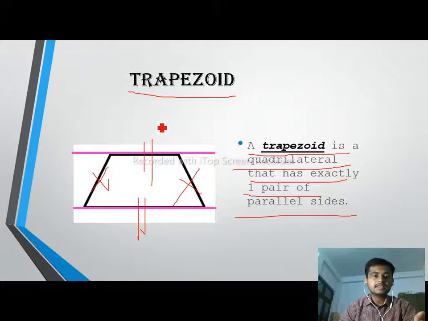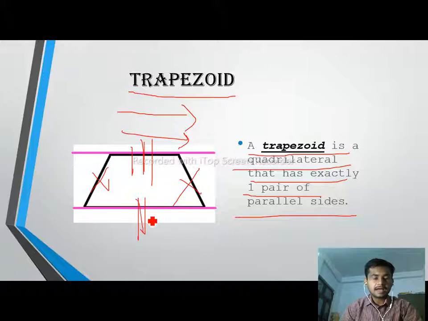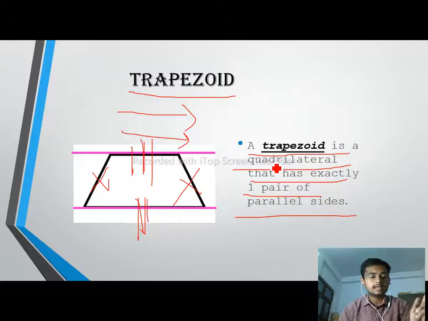Parallel means lines running in the same direction that do not cross or touch each other. It should have exactly one pair of parallel sides. That is why it is known as a trapezoid.